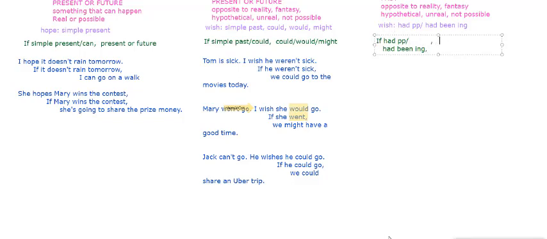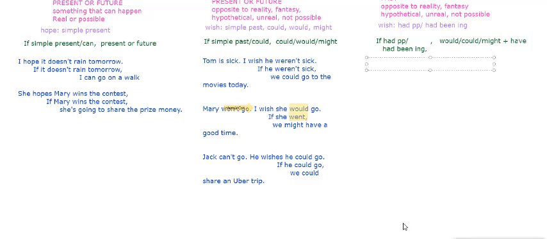And after the comma, I have the same modals that are here, but with have. So would, could, or might have. I have the same modals that are here, but with have and past participle. Are we understanding this? Yes.